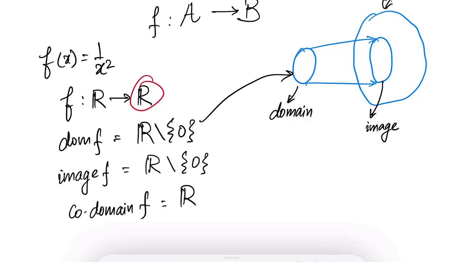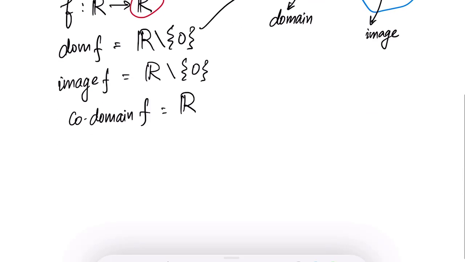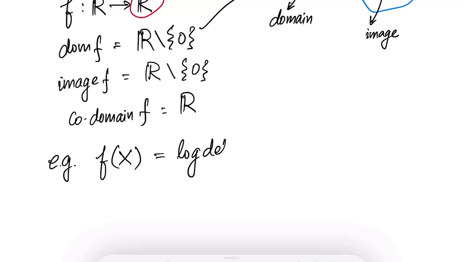So let us look at another example. You could have an example of a matrix also. So here f takes matrix values and gives output as a scalar. So this is log determinant of x, right? In this case, f takes square matrix values and outputs the real line.